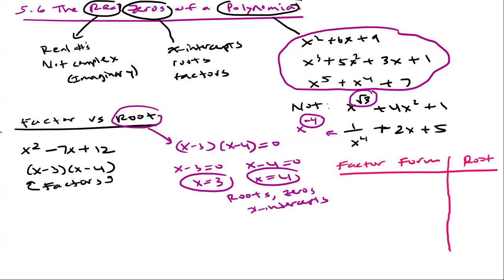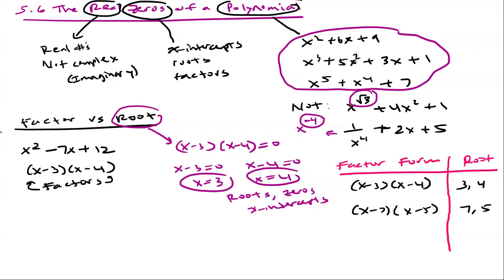So if I have, say, again, back to the x minus 3, x minus 4, the roots in this case would be 3 and 4, correct? If I have x minus 7 and x minus 5, the roots will be 7 and 5.